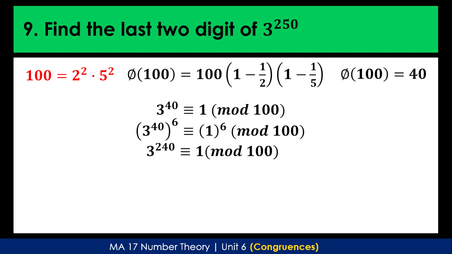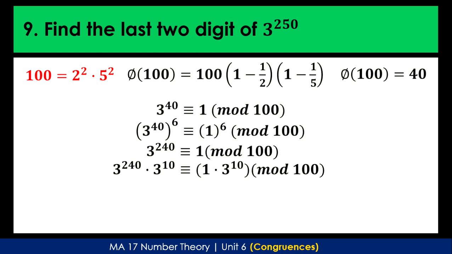Since we are after 250, we're going to multiply by 3 raised to 10. So we'll have 3 raised to 10, and we can solve this as 59,049.